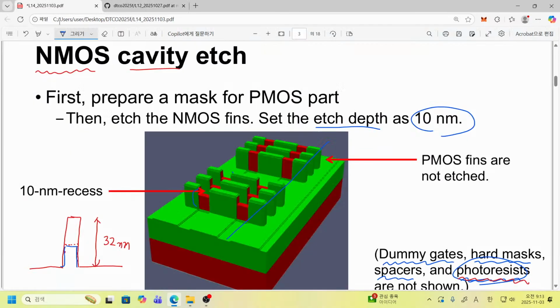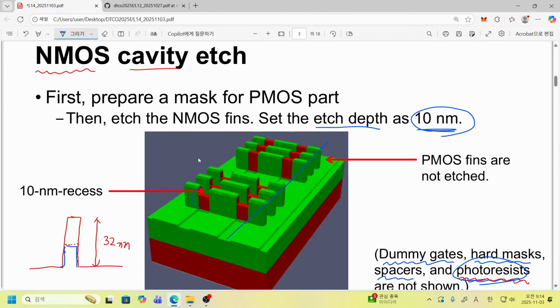So actually I tried to find out the standard for this kind of technique, but it was really difficult to find a well-agreed one. So in this case, I just bring a sample number like 10 nanometers.